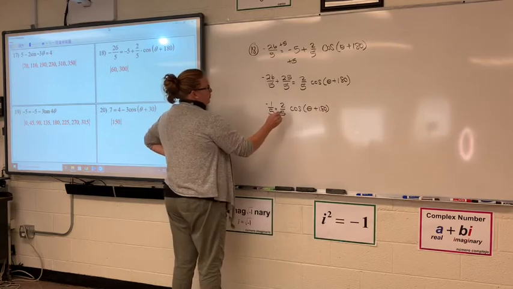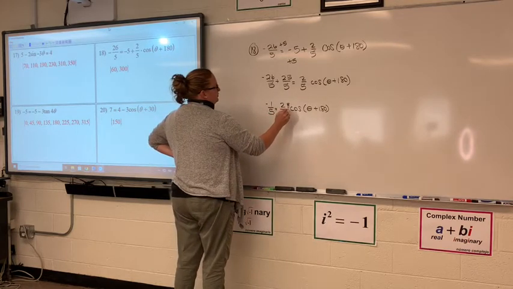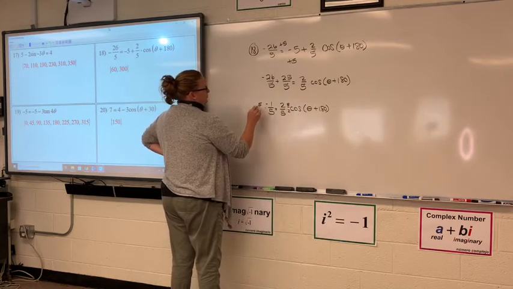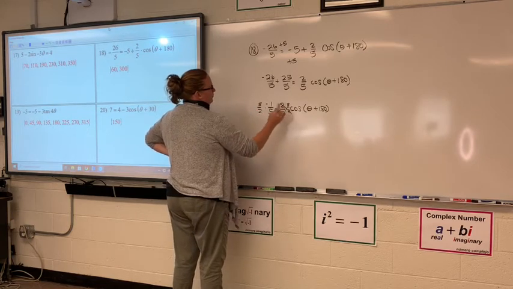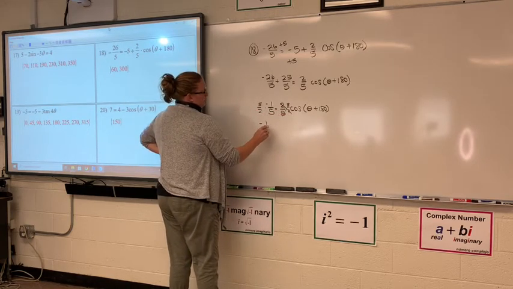Okay, and then we're going to multiply by the reciprocal, which is going to give me negative 1/2.